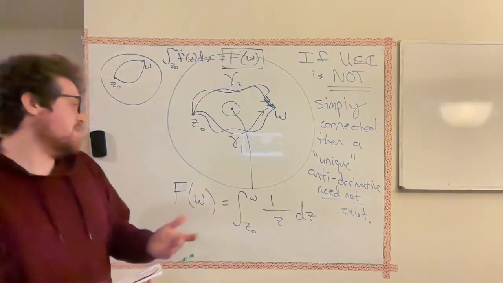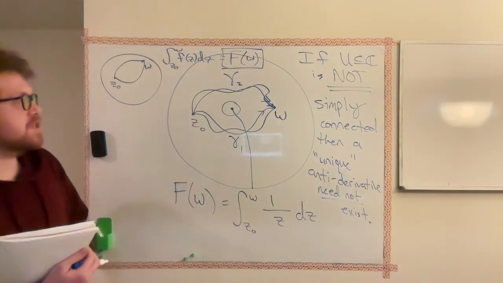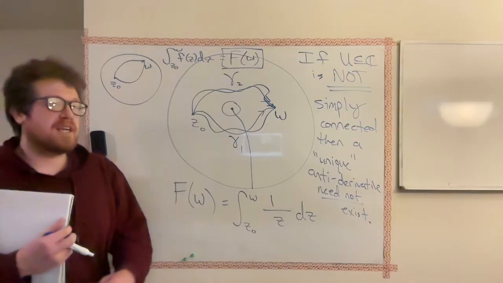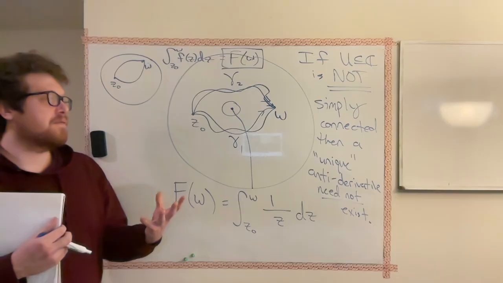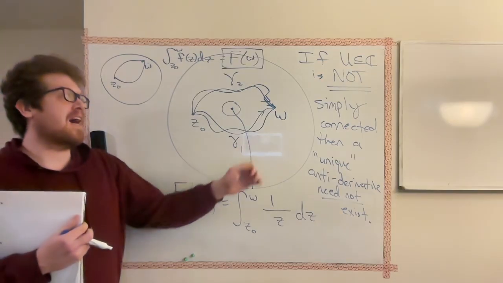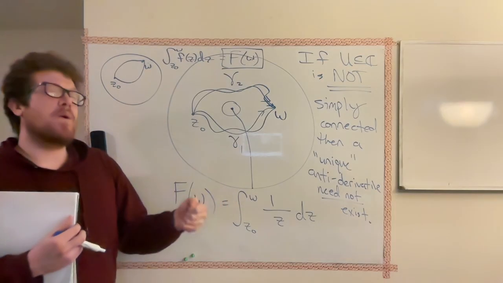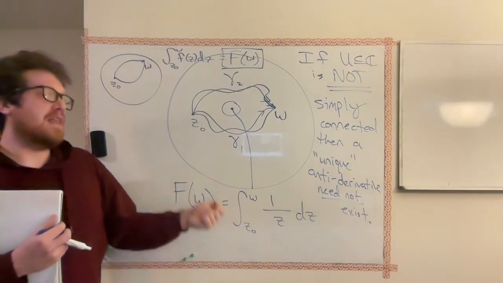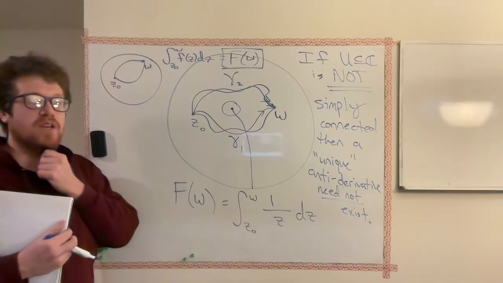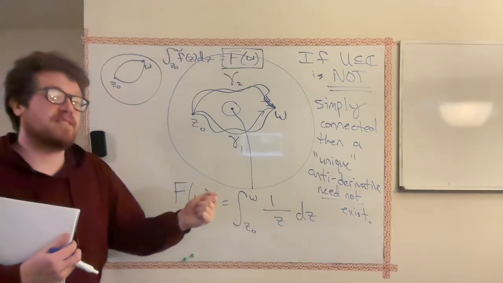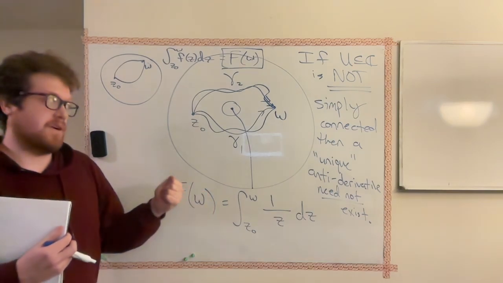Yeah, so that's basically the final result I wanted to go over, which is that there's this topological connection with integration here. If the function is defined on a simply connected domain, then there always exists an antiderivative, and then you can always use the fundamental theorem of calculus to say that any closed integral on the simply connected set will have integral 0.